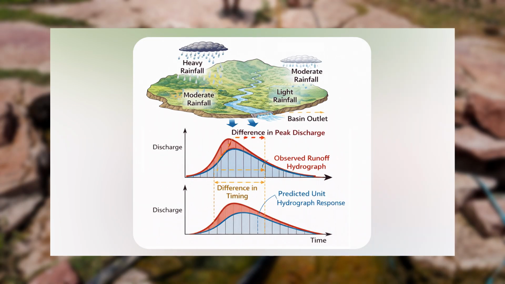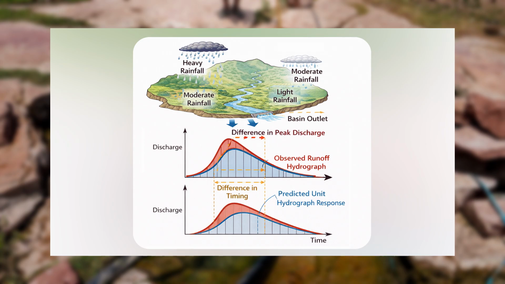One of the major limitations of the unit hydrograph method is the assumption of uniform rainfall distribution over the entire drainage basin. In reality, rainfall rarely occurs evenly across a catchment. Storms often show strong spatial variations, with some parts of the basin receiving heavy rainfall while others receive very little or none.